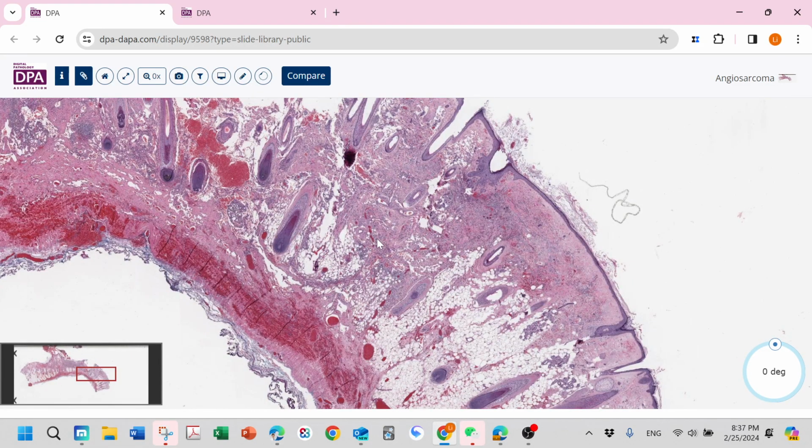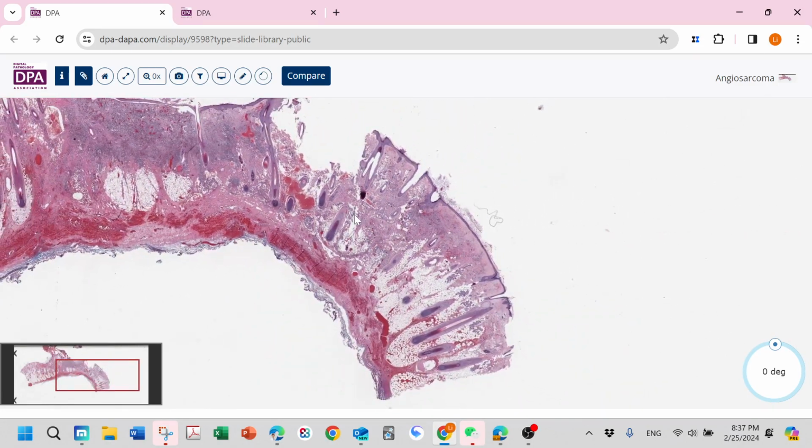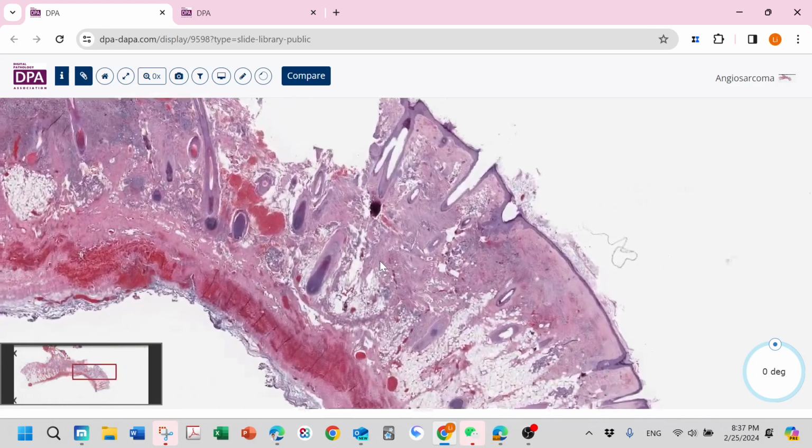Some people may also use CD34, but bear in mind CD34 may be negative in epithelioid angiosarcoma. So CD34 negative cannot rule out angiosarcoma. You must use your endothelial-specific and sensitive markers CD31 and ERG to highlight this lesion.